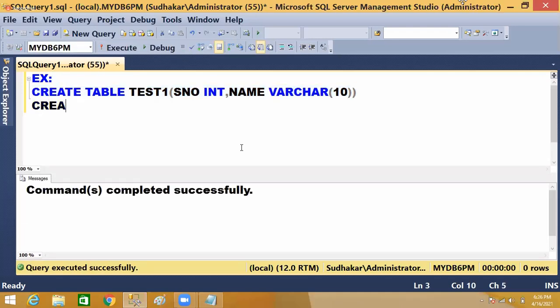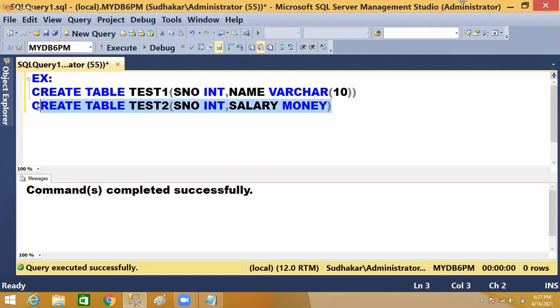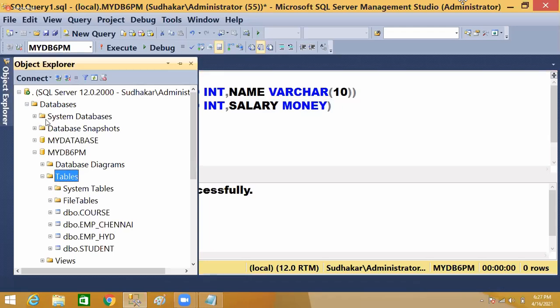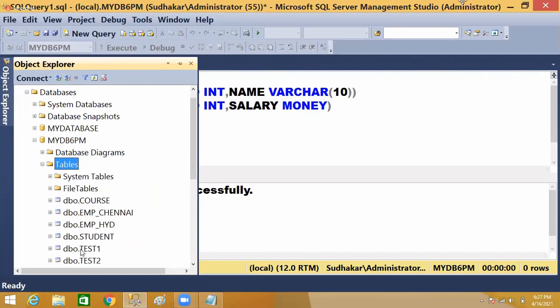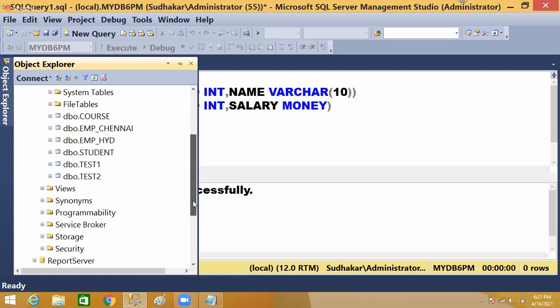In the same pattern, one more table I'm creating, test2, with serial number and salary. After preparing the two tables, test1 and test2, in our database MyDB 6 p.m., I'm inserting a few records into these tables.